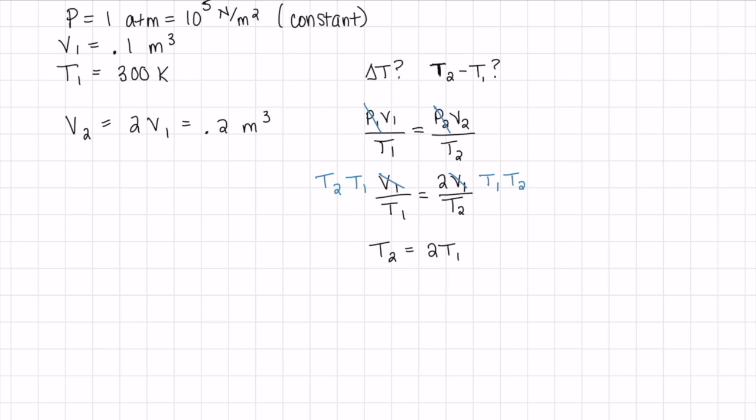So our T2 is going to be equal to 600 Kelvin if we plug in that 300, and our change in T then is 600 minus 300, which would be 300.